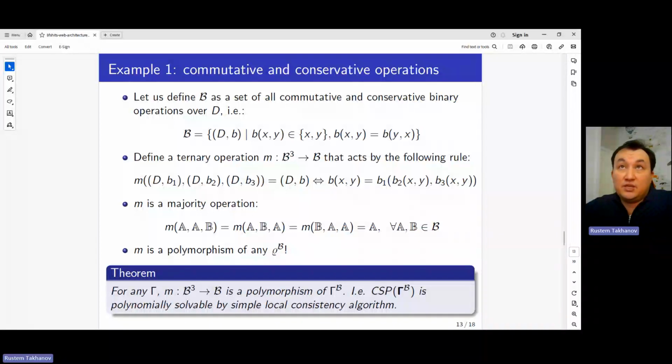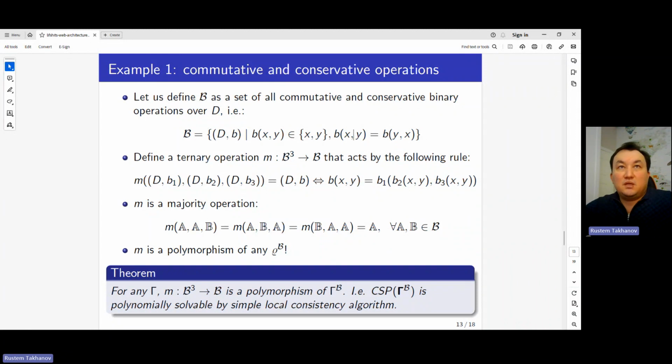So if we define such a set of operations, they're all similar again. And then this set of operations, of course, defines gamma superscript B. So for any constraint language, we can build a new language, gamma superscript B over B. And the interesting phenomenon is that for this gamma superscript B, it doesn't matter what kind of gamma we have, even if it is NP-hard, gamma superscript B will always contain one specific polymorphism.